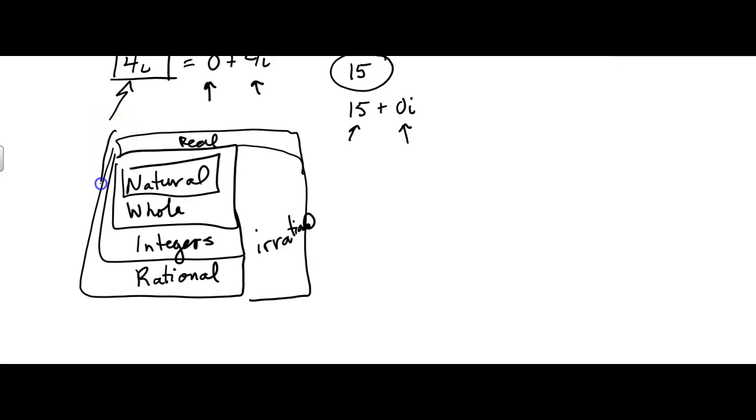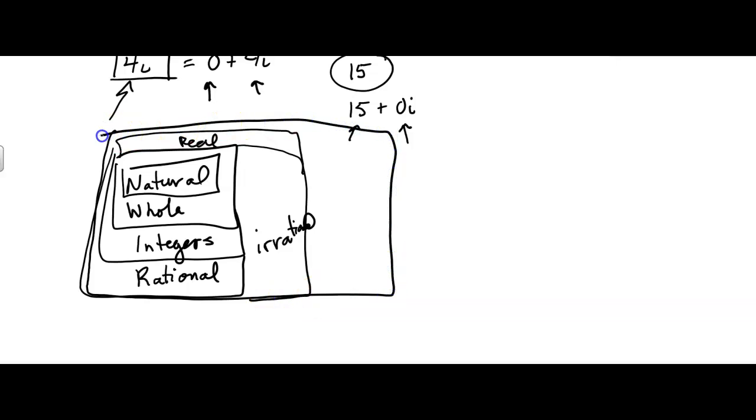Okay, it turns out that all real numbers are in the set of, well, I didn't draw a banner here. This is a horrible picture. Anyway, they're all complex numbers, okay? So every real number is a complex number. All complex numbers can be written in a plus bi form.